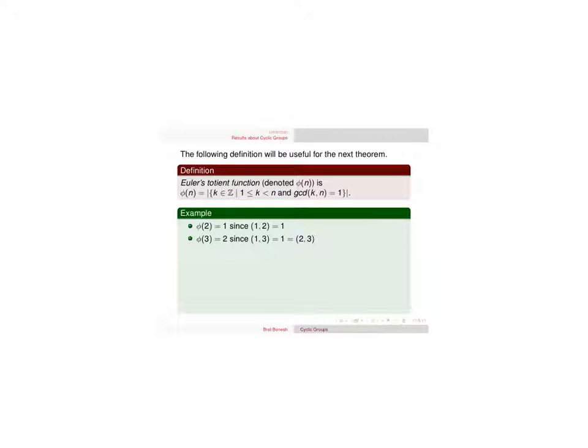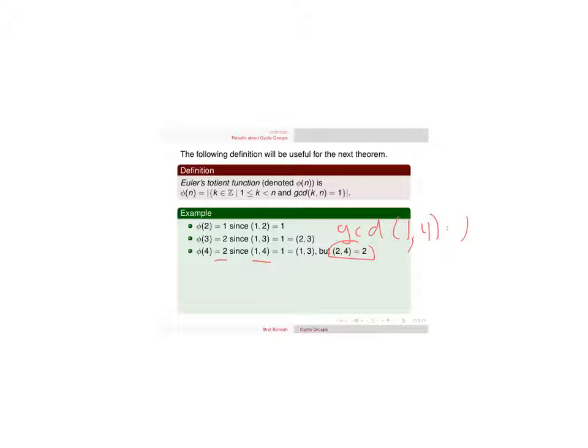Here are some more examples. I said for primes, you just do p minus 1. Running through some of those. This notation, (1, 4), means GCD of 1 and 4 equals 1.